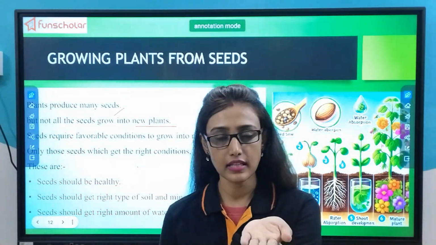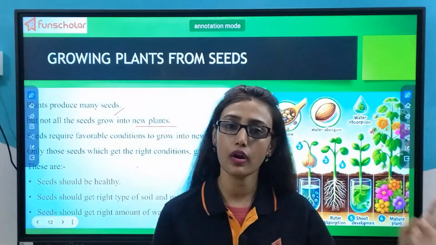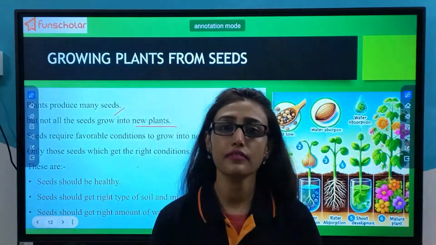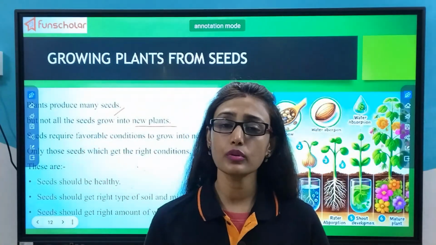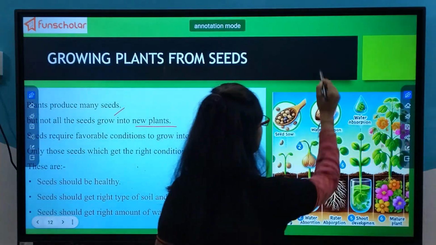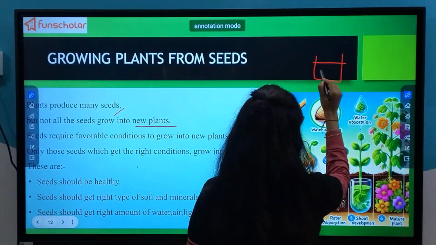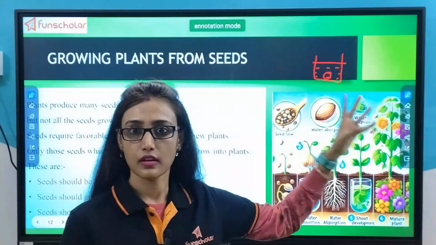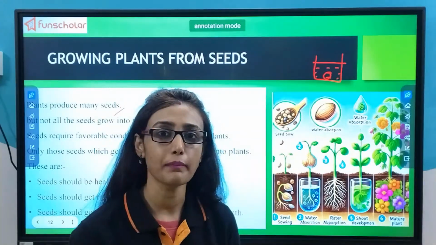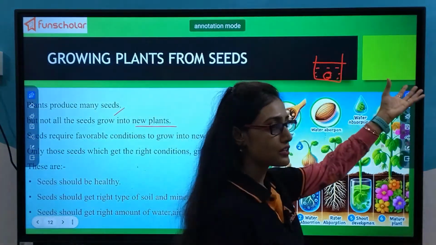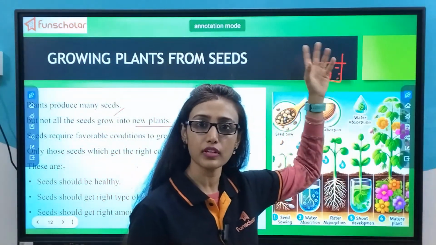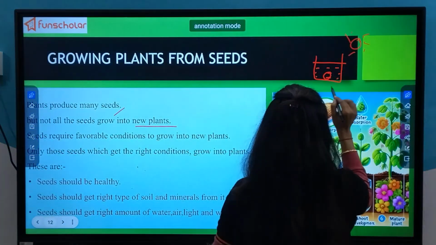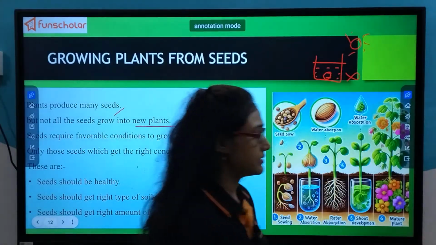Suppose you take a seed and keep it on your desk or table in your room or in a container for years and years. It will never grow into a plant. Suppose you just dip that seed in water and keep it for 10 days. It will not grow into a plant. Now if you take the glass of water and keep it in the sunlight for the whole day, along with water, it will never grow into a plant.